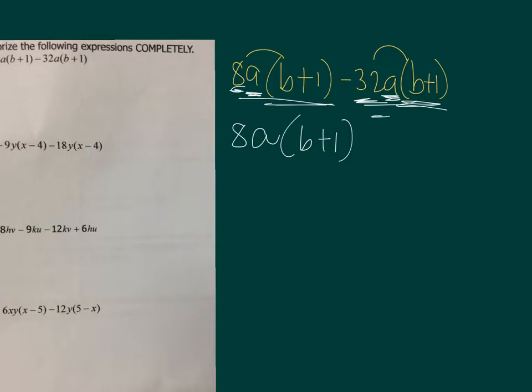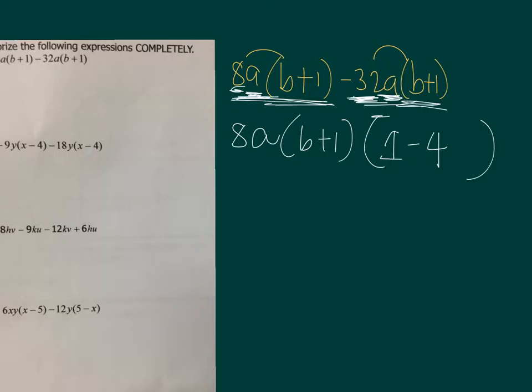The remaining group will be: 8a times b plus 1 divided by itself is 1, because you're factoring it out. And then the second group, that's minus 32 divided by 8, that's 4, so minus 4. The a is factored out and b plus 1 is also factored out.